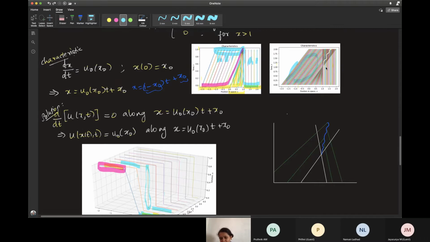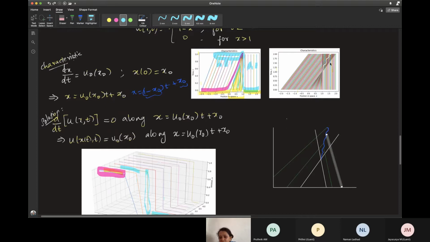To the right of this characteristic curve, so you just identify some curve in this region, and to the left of this curve, the characteristics will have a slope corresponding to what has already been on the left side.